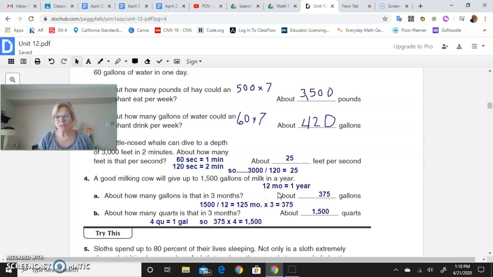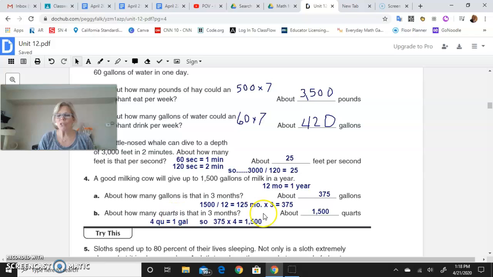Well, I would have to take 15,000 gallons divided by 12 months in a year, and I get 125 gallons in each month. So I'm going to take that times 3 months. So about 375 gallons in 3 months.